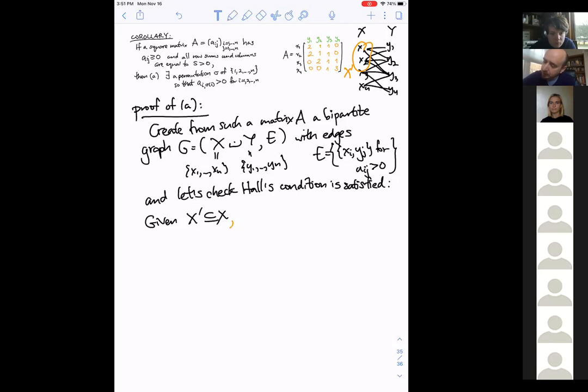What I'm going to do is consider the little submatrix whose rows are indexed by X prime, whose columns are indexed by N of X prime. Now this thing might be rectangular, right?